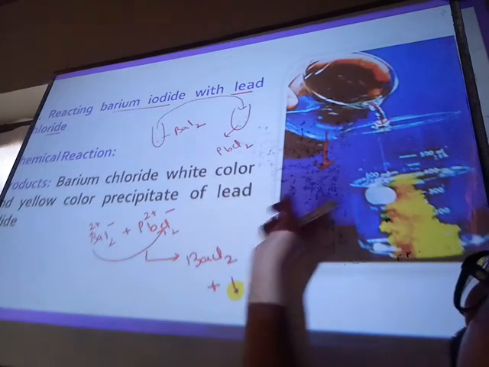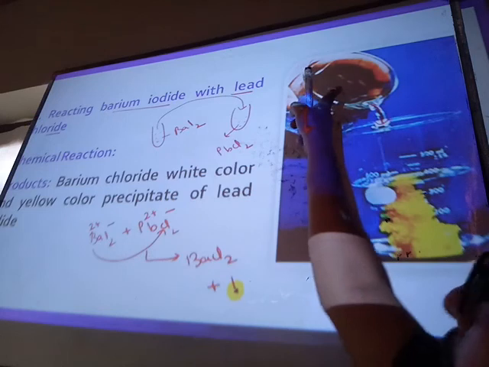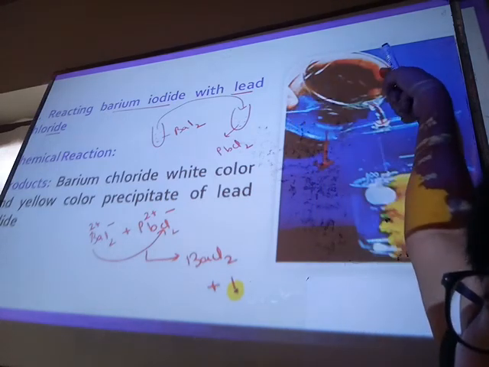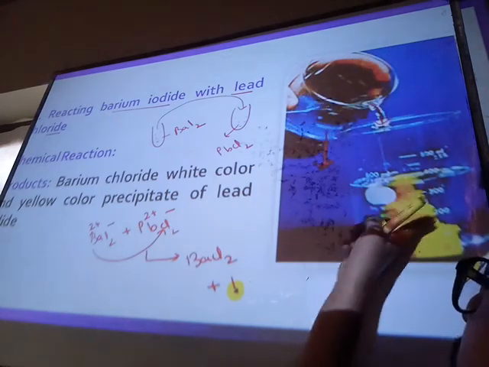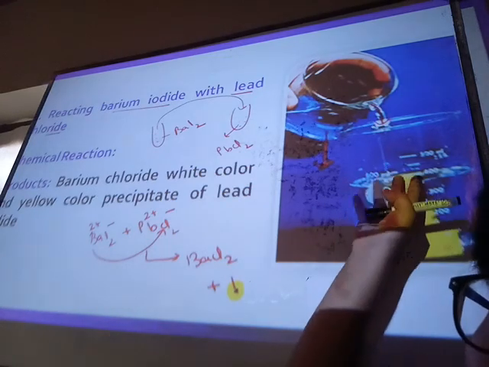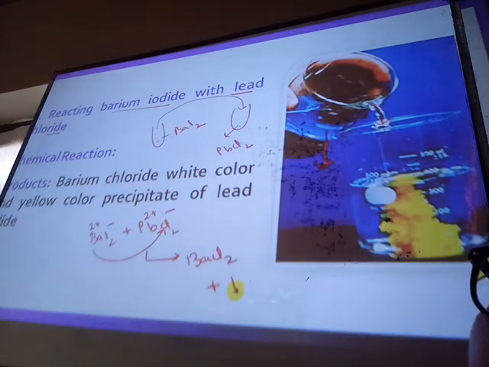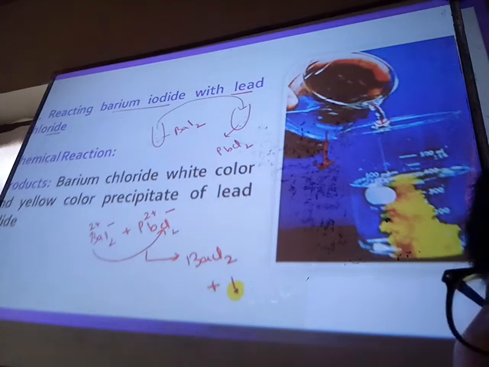When they mix here, the yellow precipitate that you are seeing settling down at the bottom is the lead iodide. It is the precipitate. It will settle down at the bottom.